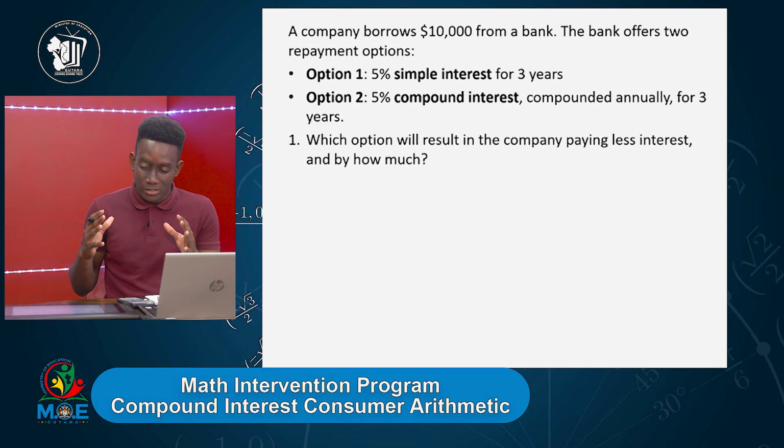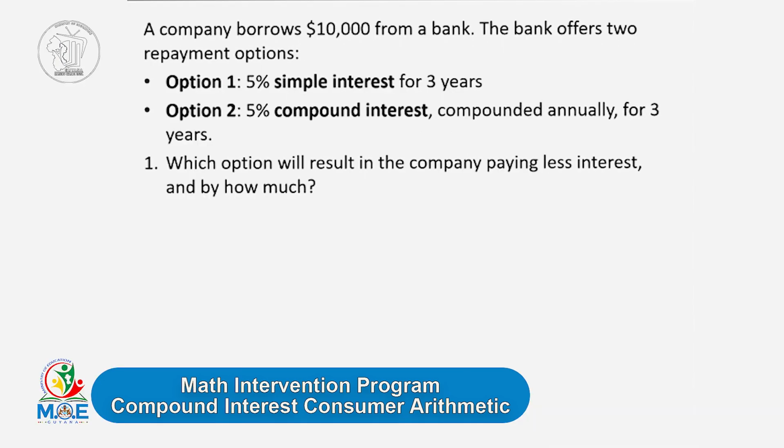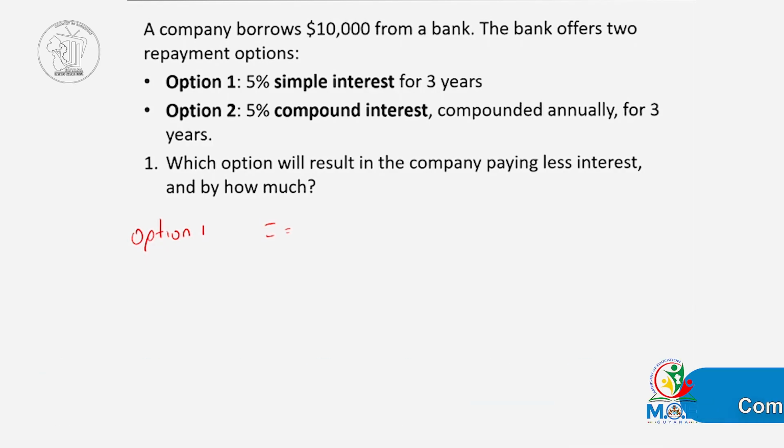So we have to find 2 things here. We have to find the simple interest after 3 years and the compound interest after 3 years. So let's first find simple interest for option 1. So we know simple interest is equal to PRT over 100.